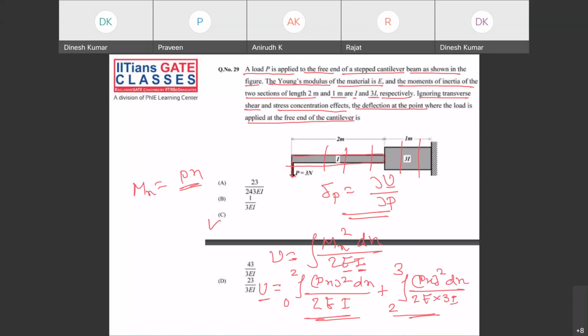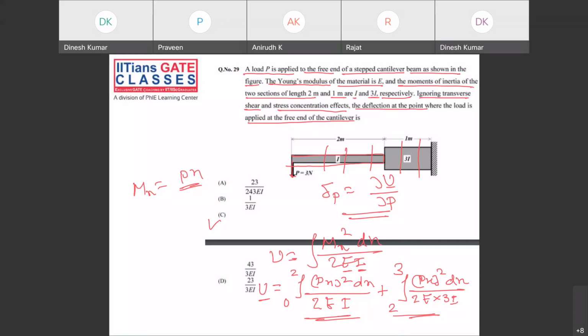Now tell, is it tough if you use this? Mr. Rajat, can you please solve this question with the method of superposition? Mr. Rajat, I will suggest we can solve this question using that. Usually the method of superposition you use if multiple loads are given.